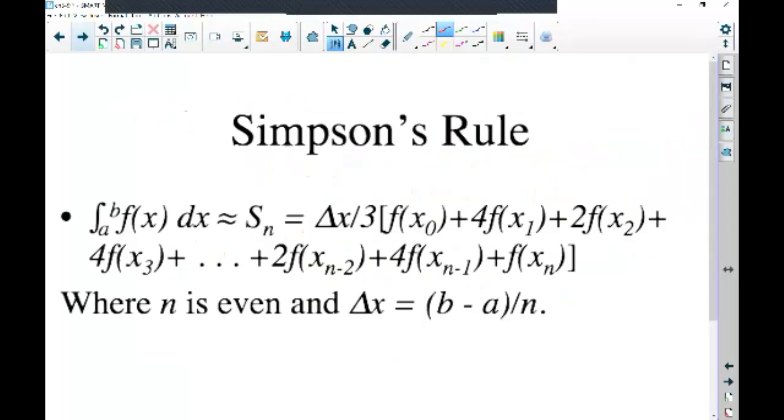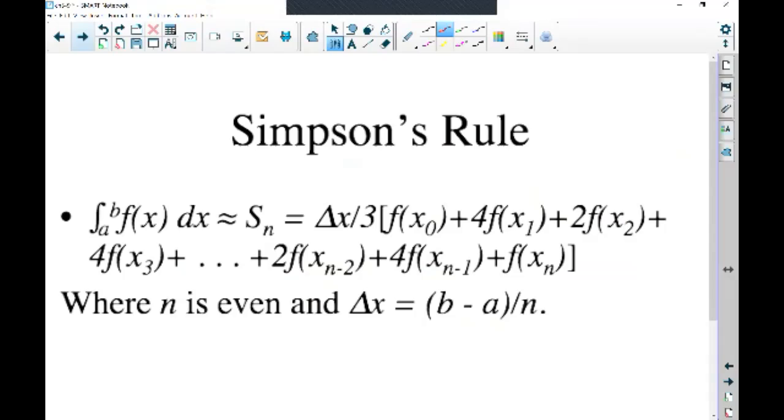So for Simpson's rule, to approximate the integral from a to b of f of x dx, we're going to take our delta x divided by 3 times our function at x sub 0 plus 4 times our function at x sub 1 plus 2 times our function at x sub 2 plus 4 times our function at x sub 3.